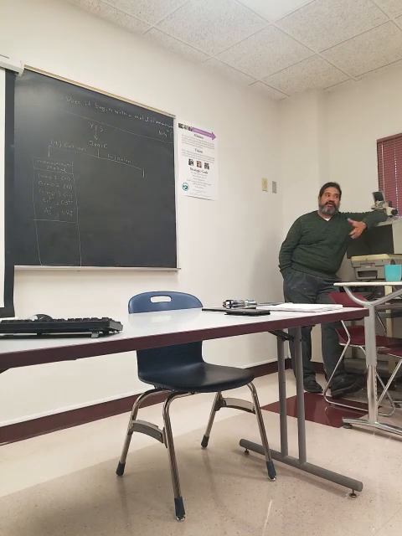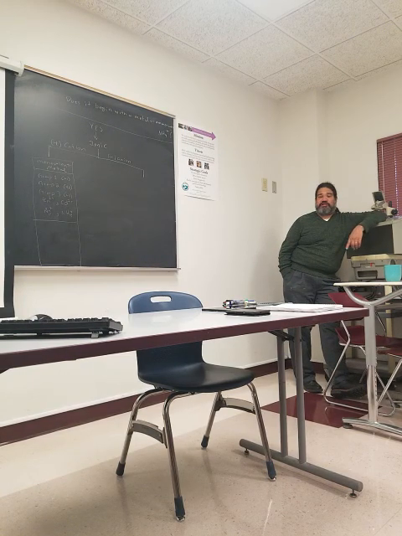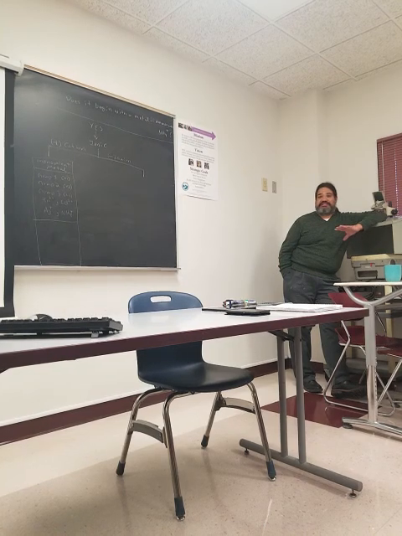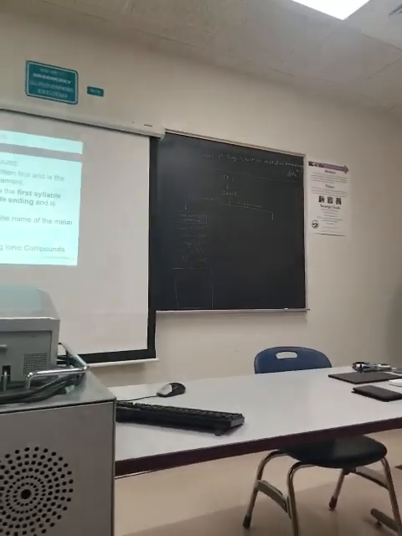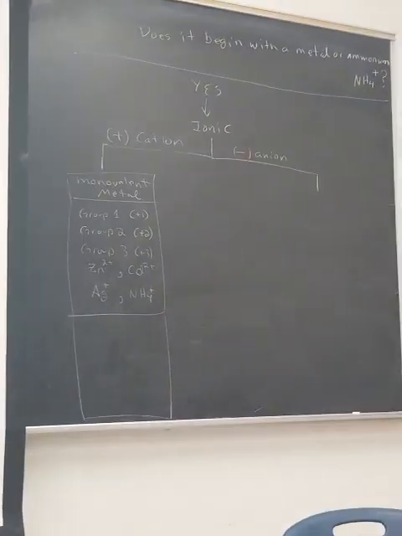Zinc, cadmium, and silver, you have to memorize those. So zinc and cadmium are always +2, silver is always +1. When they're part of an ionic compound, they always have that charge. Always, always, always, no exceptions.